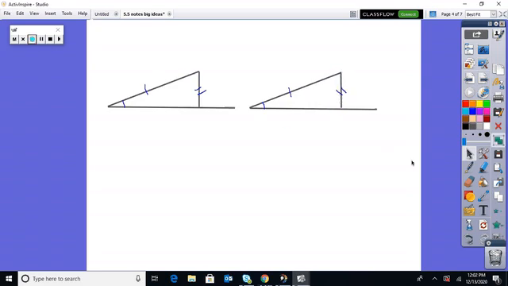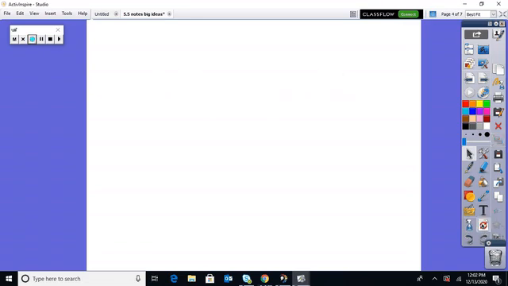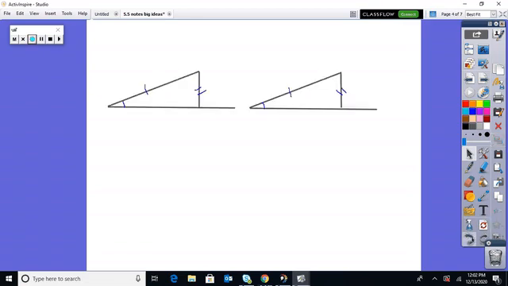And that's the only case. That's the only time it works. All other angles down here would be like how we started. Like that.